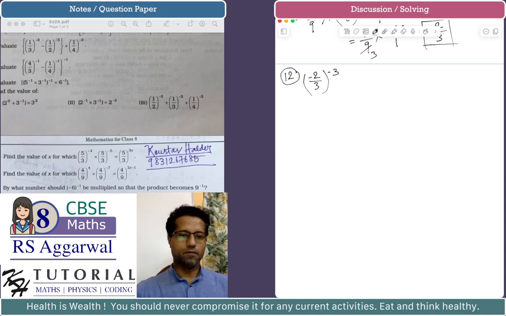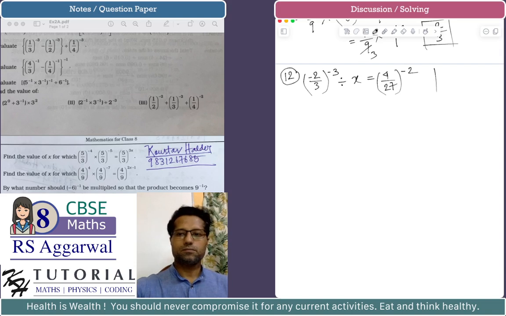Okay, by what number should we divide it? Let's say the number we should divide by is x, and this will give the quotient as (4/27)^(-2). So we have to solve this.